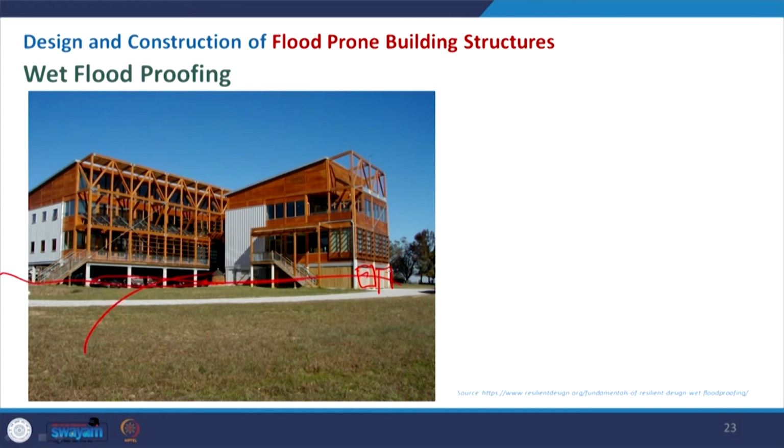There will be a predominant direction depending on the slope. Everything is well calculated: if there is a rise, where the water will come from and in which direction, and accordingly the structure can be oriented. So this could be helpful. This wet flood proofing technique may be adopted, and that will reduce the risks during the flood.